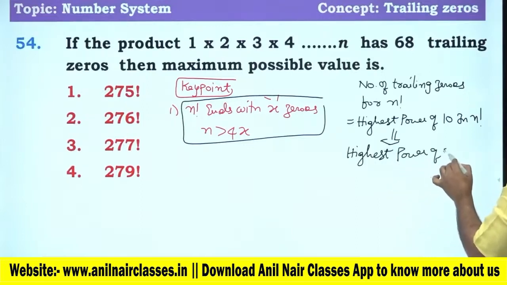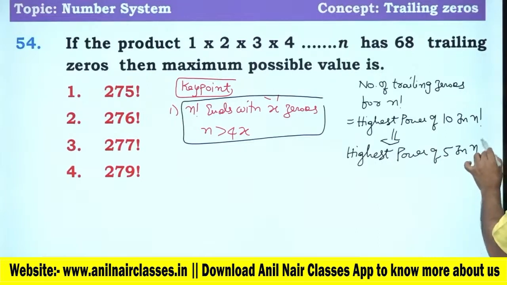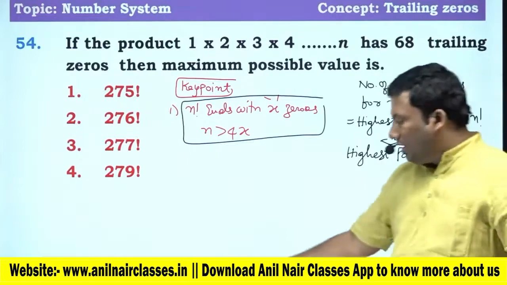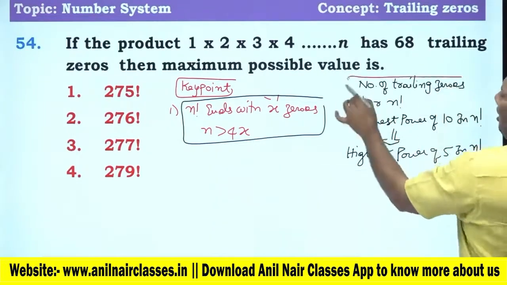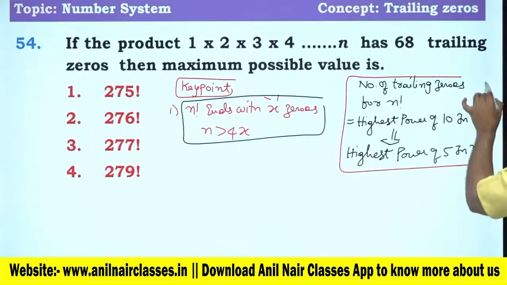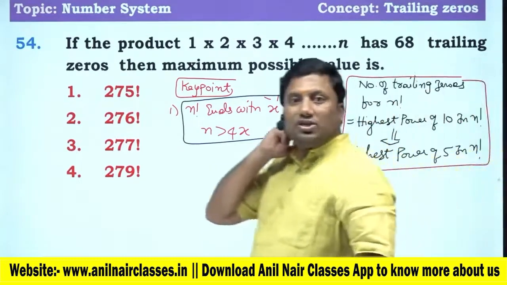In factorial, the number of zeros at the end is given by the highest power of 5.